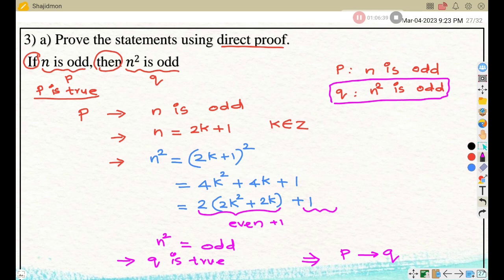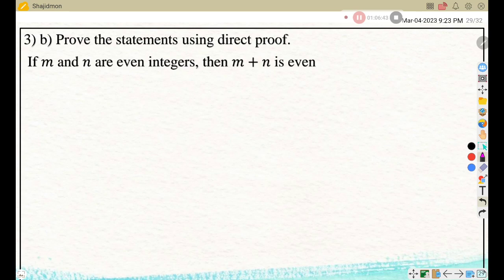It is easy. Now we will go to the question number 3b part. Prove the statement using direct proof. So what is that? If m and n are even integers, P, then m plus n is also an even integer, Q statement.